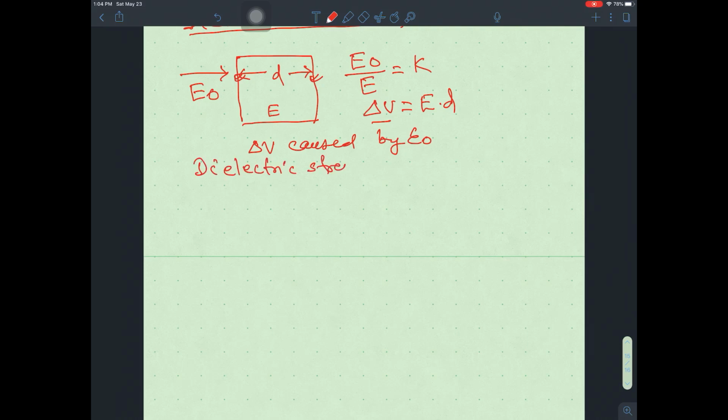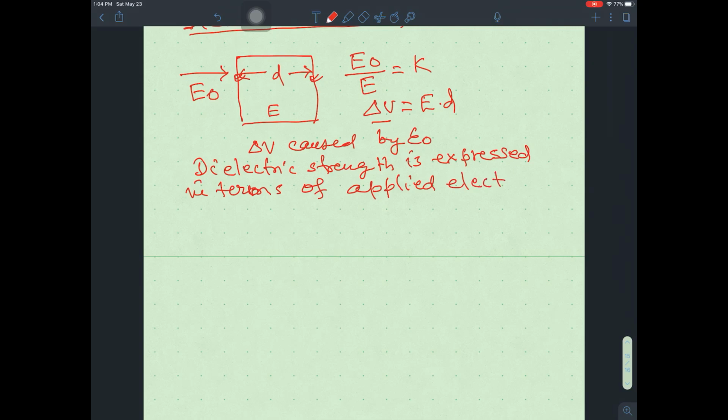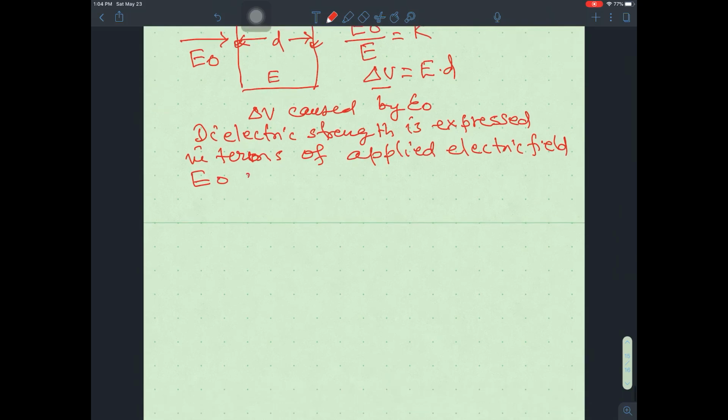Dielectric strength is expressed in terms of the applied electric field, E0.